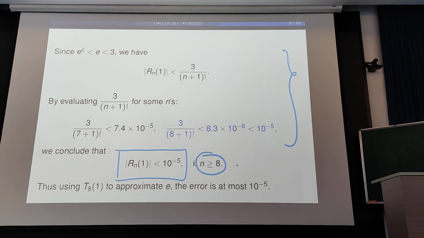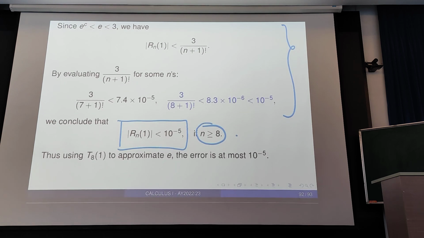That means for n equals 7, the error is bigger than this order. So the best order of the Taylor polynomial in this case is 8, n equals 8.